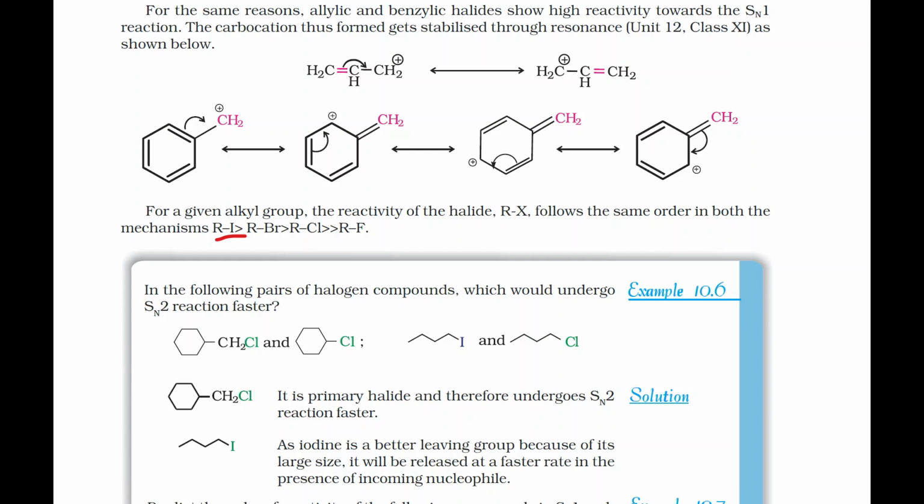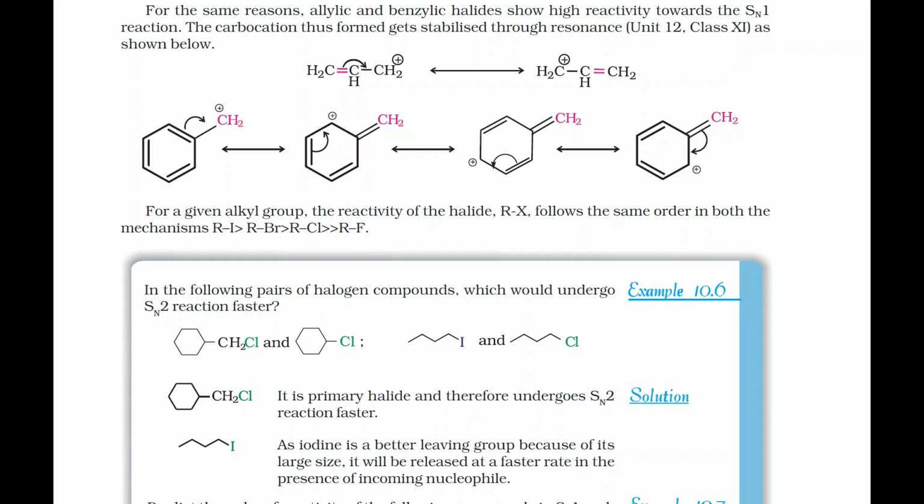So breaking the bond depends upon the stability of the carbocation. First we have seen here, the CX bond easily breaks when the carbocation is more stable. At the same time it also depends upon the nature of the bond, the bond length. How will the bond length vary? Here you see I is a bigger atom when compared to F. The bond length is higher. Atoms are far away from each other, so the bond can break easily.